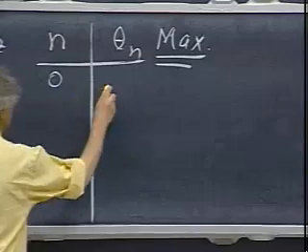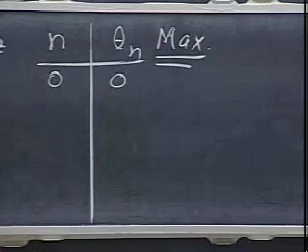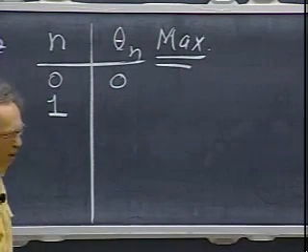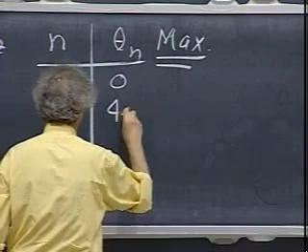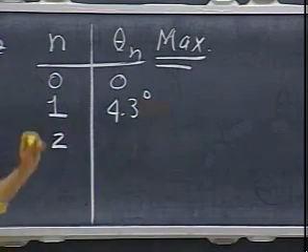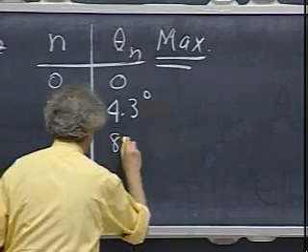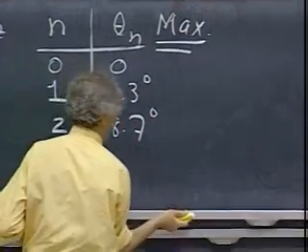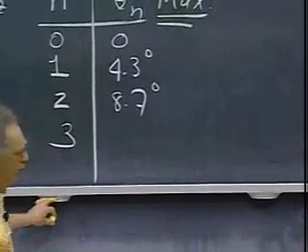When n is 0, the angle is 0. That is 0 angle. Everyone here will hear a maximum. When n is 1, and you may want to check that at home, I find an angle of 4.3 degrees. And when n is 2, the angle is about double that, about 8.7 degrees. And when n is 3, it should be close to 13 degrees, 13.1.